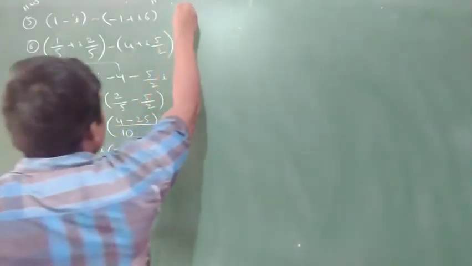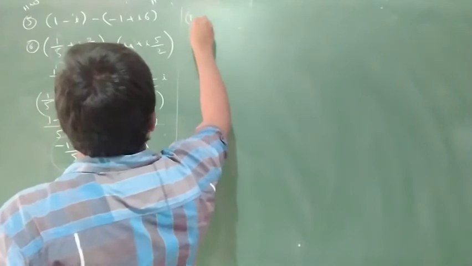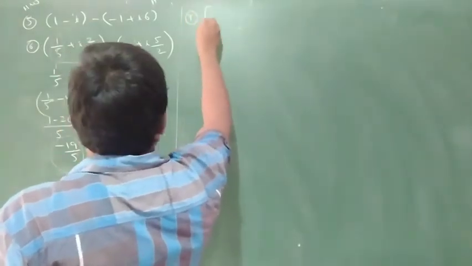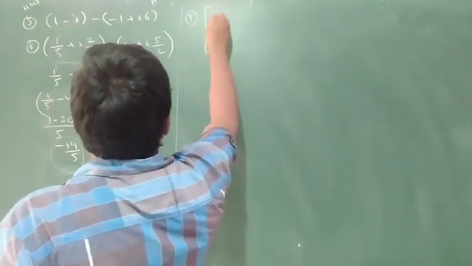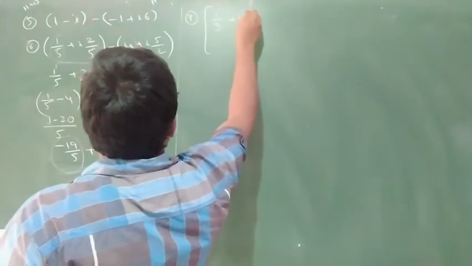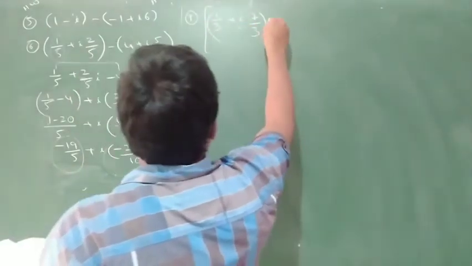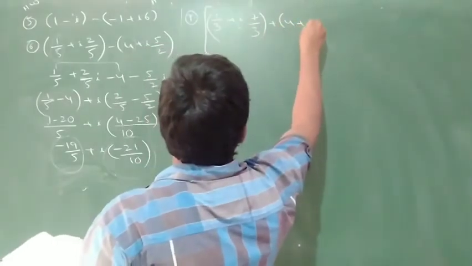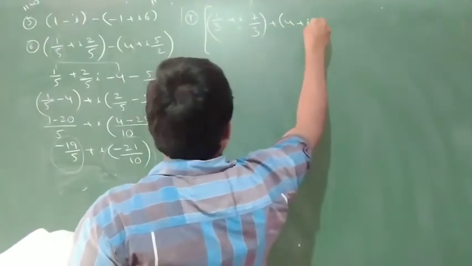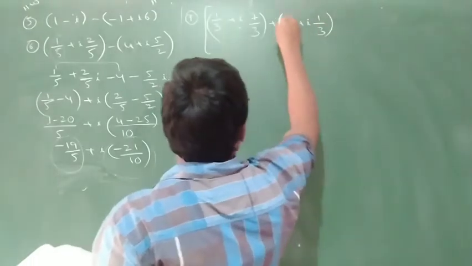Next, the seventh one. This is a big bracket: 1 by 3 plus i into 7 by 3, this one bracket, plus 4 plus i into 1 by 3, another bracket.